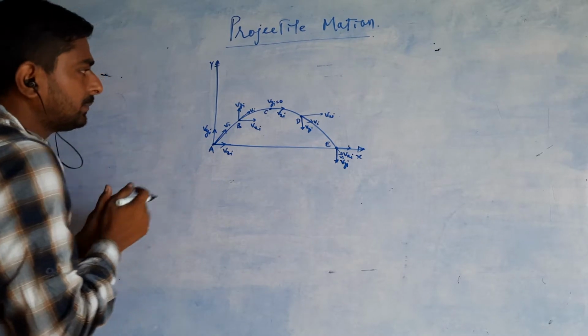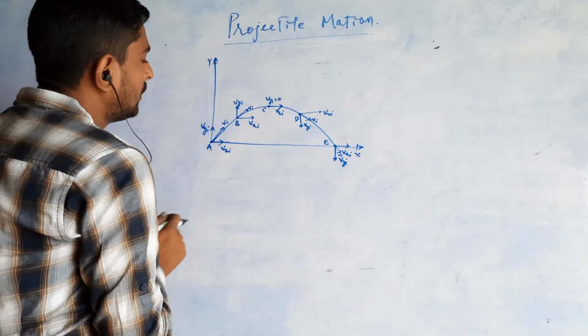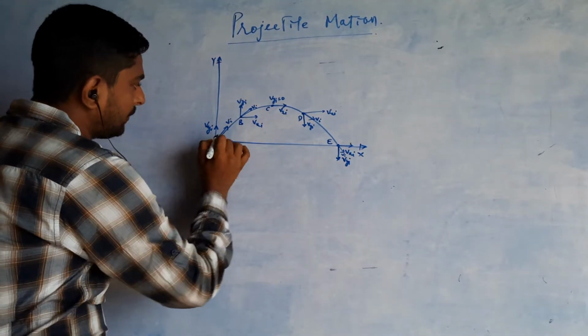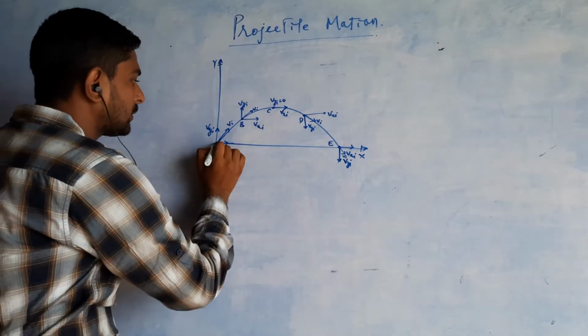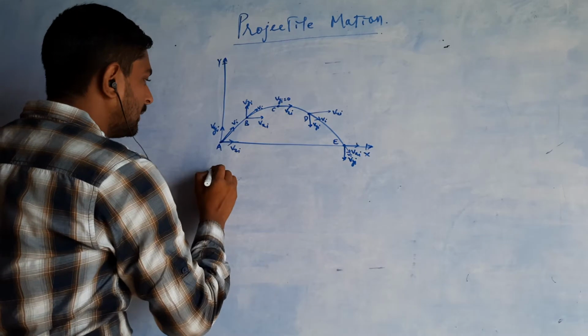So in this way, the projectile is projected from this point. This is the origin where the x coordinate and y coordinate are 0.